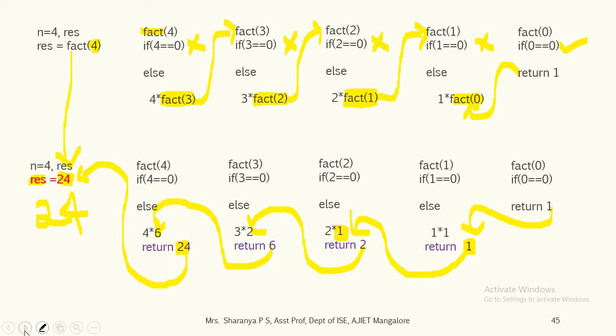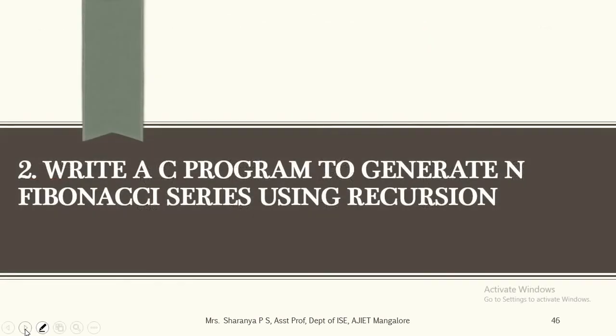I hope it is clear why we have written the statement as n into factorial of n minus 1. We can find the factorial by referring to the factorial of a previous number which was already calculated in the previous step. That is what we have done in this process. This is how we can find the factorial of a given number.